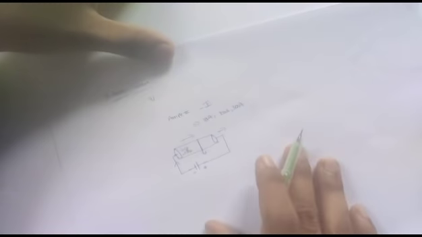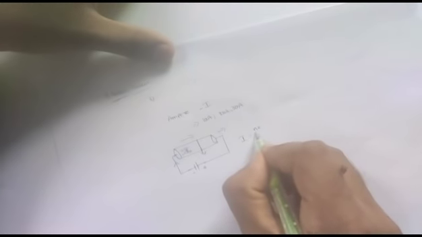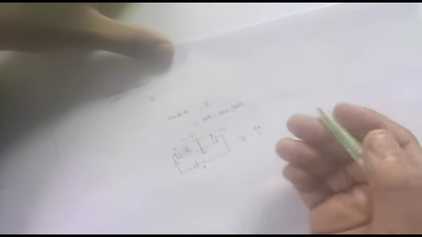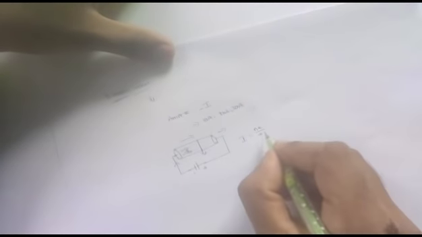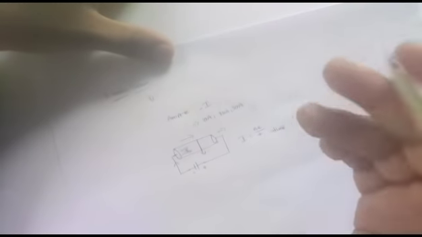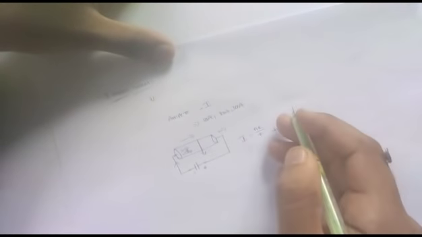Current I is defined by a formula: I equals N E by T, in other words Q by T, coulombs per second. Here T means time. How much time is taken for the charge to pass from one point to another point is known as a current.